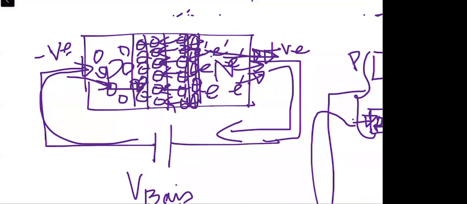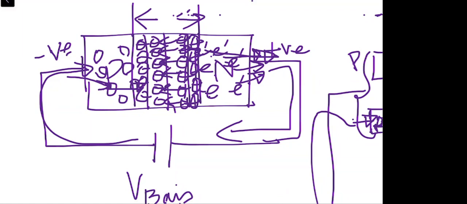So whenever the diode is reverse biased, the width of the depletion region is going to increase. And due to that, no majority carriers can cross the depletion region.